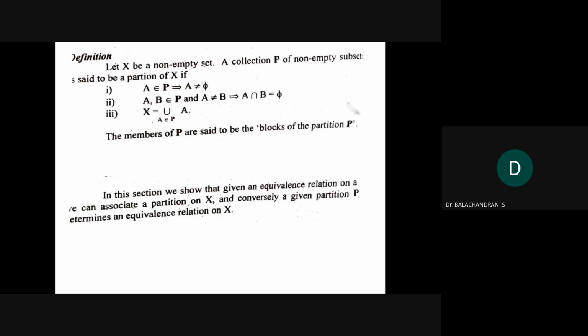So here, Z is the set of all integers. Now I am going to define 4 sets. These 4 sets are subsets of Z. How are they defined? A1 is the set of all x in Z, the set of all integers, but x is a positive integer.